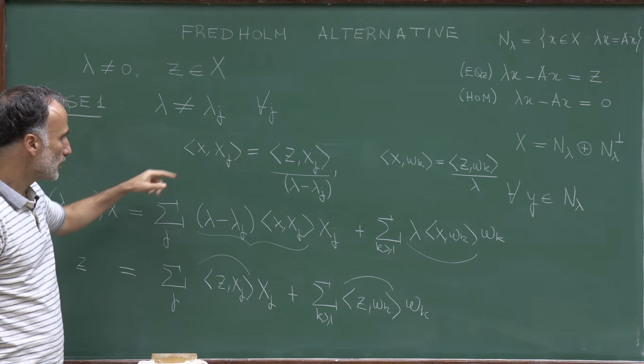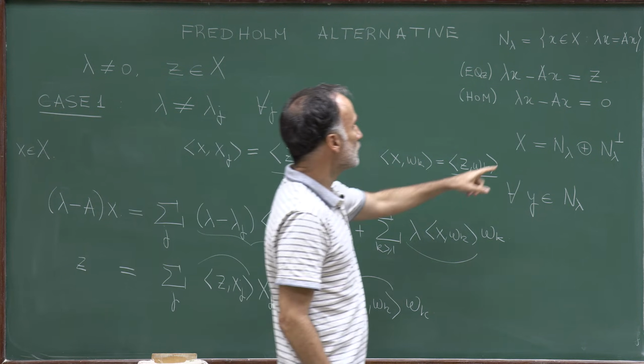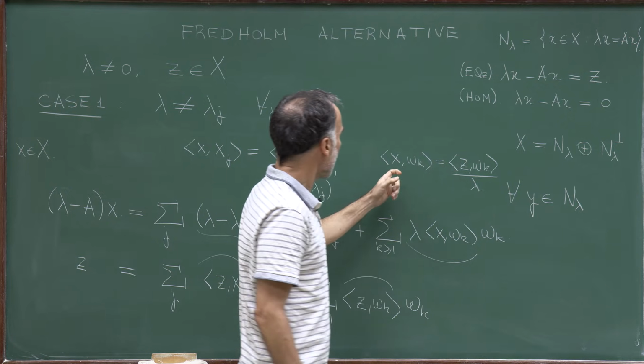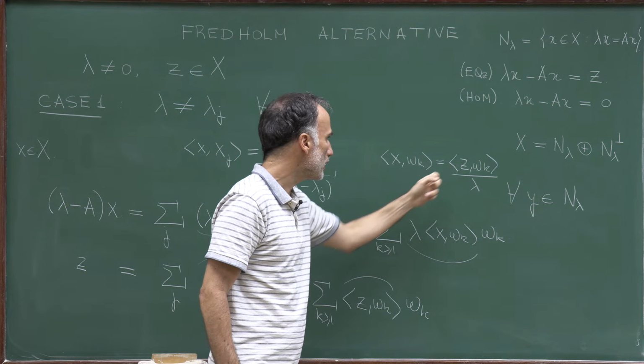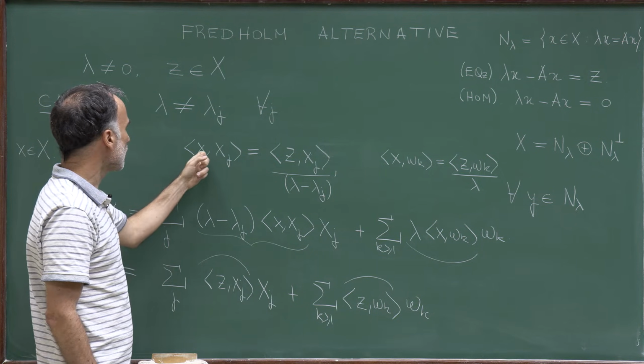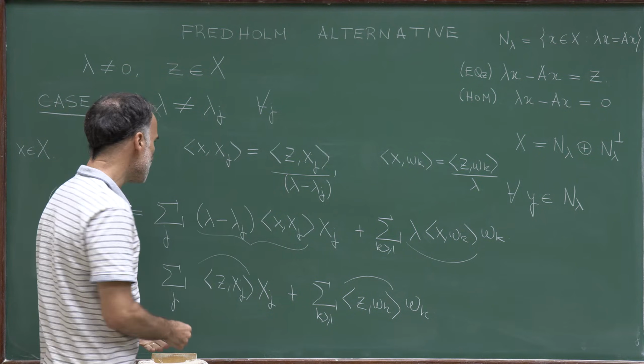So from this identity I get the scalar product of x with wk for all k, and the scalar product of x with xj for all j.